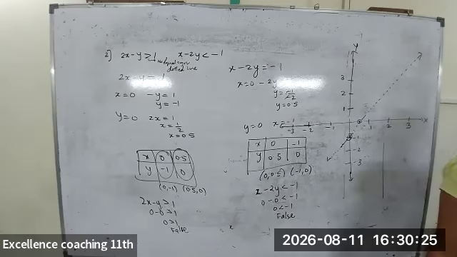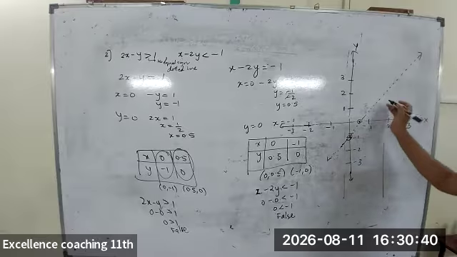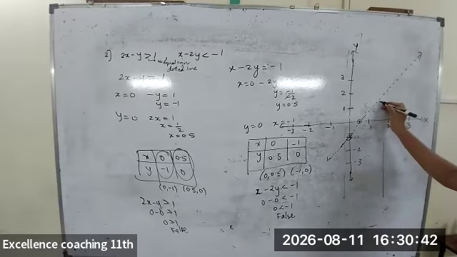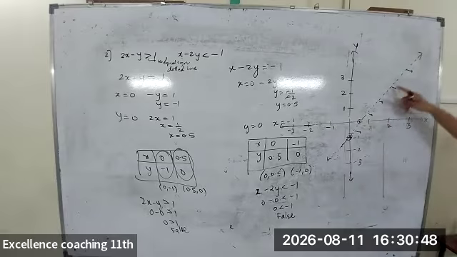Now check true or false and check which side to shade, origin side or the other side. False. So away from the origin. Even like 2-3 small arrows are enough.